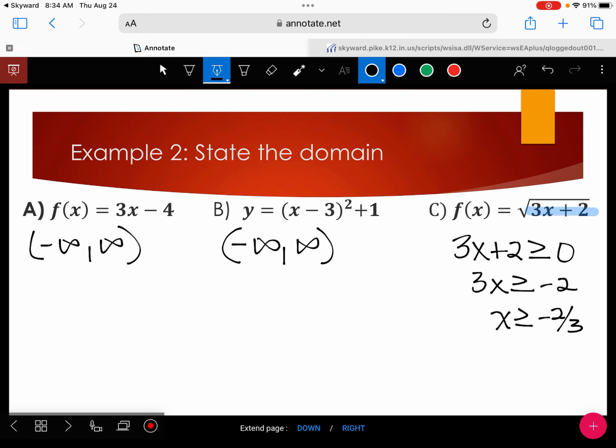So we have x is greater than or equal to negative 2/3, which would be negative 2/3 to infinity. And that would be my domain.